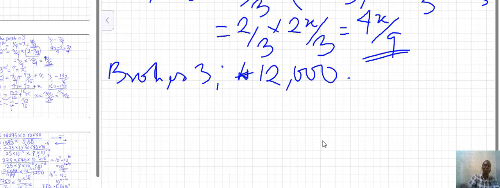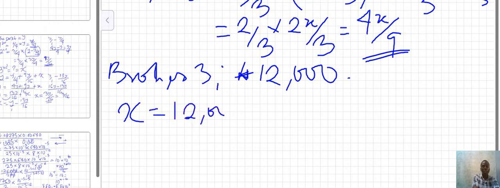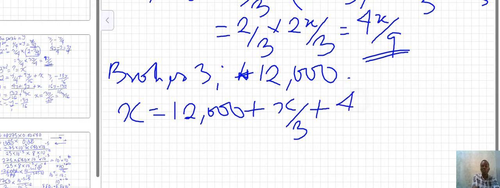Now, this is very simple because we can know the total profit. So the total profit x will be equal to the share of brother 3, that's 12,000, plus the share of brother 1, which is in fraction, plus the share of brother 2, which is also in fraction.